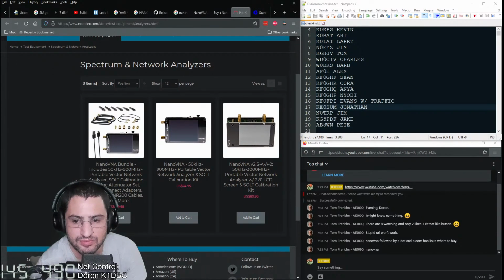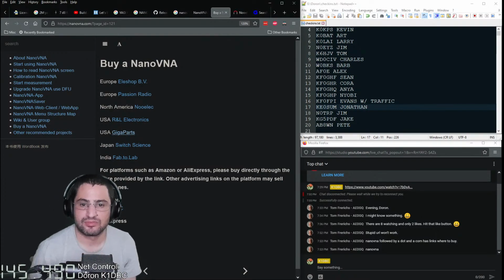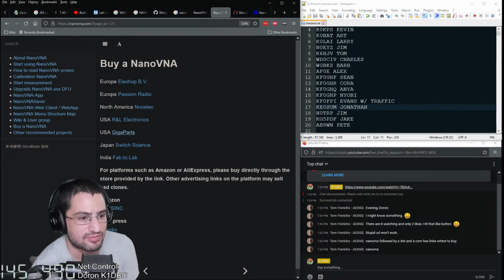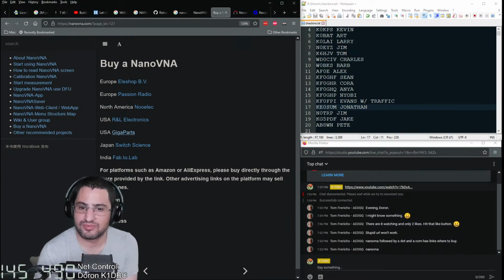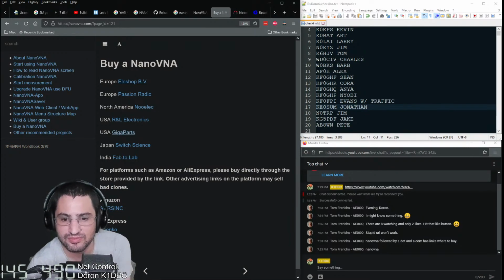However, there is a nice page that shows you all the links where you can get the official ones, so to speak, from like Gigaparts and New Electric and R&L. So that is probably a good choice. Also, there is an Amazon link for one of them that sells the official ones, so you're better off to go that way.